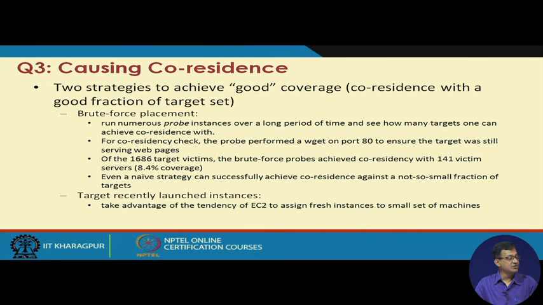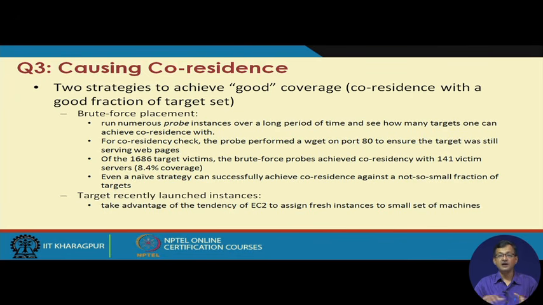The third thing is causing co-residency. There are two strategies to achieve good coverage of co-residence with a good target. One is brute force placement: you run numerous probe instances, find out where things are, and do a brute force. The other is to target recently launched instances, taking advantage of the tendency of EC2 to assign fresh instances to a smaller set of machines.